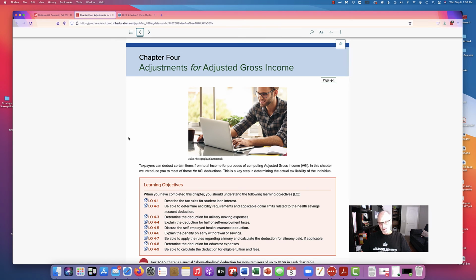Taxpayers cannot claim a deduction for tuition paid for elementary or secondary school education. Taxpayers must attach Form 8917 when claiming that deduction. So you have a form to fill out that's separate for that particular piece. Number 2, only tuition and related expenses qualify.